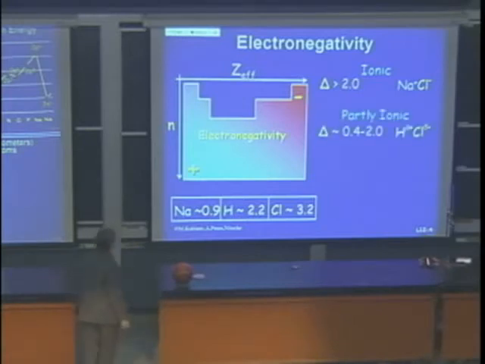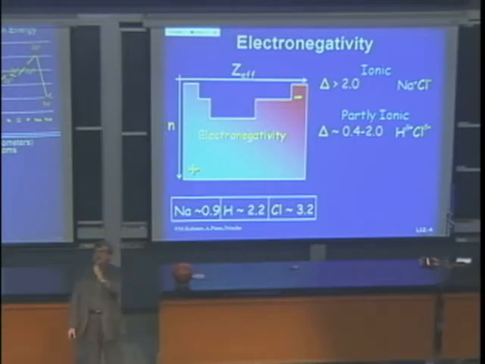Now, if you have hydrogen, which has 2.2, and chlorine, which has 3.2, the difference is about 1. If you have a difference between about 0.4 and 2, then you have a partially ionic bond. That means they do share electrons, but the more electronegative atom pulls the electrons more to its side of that compound.